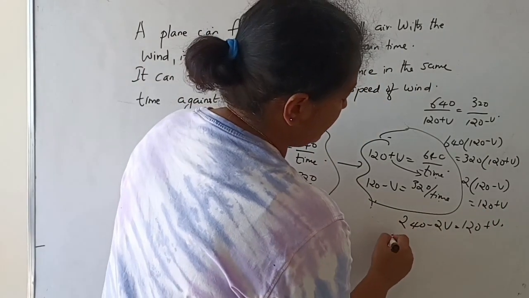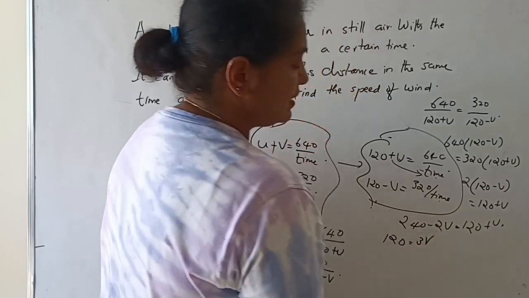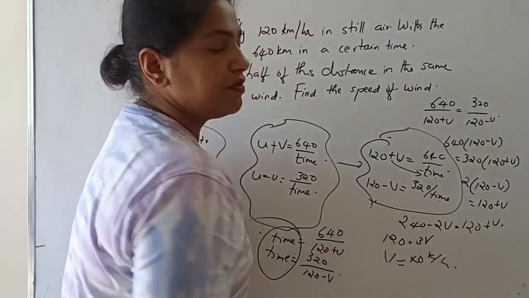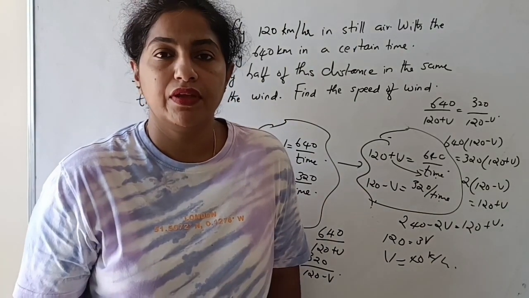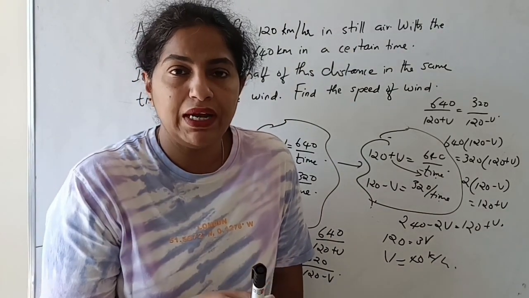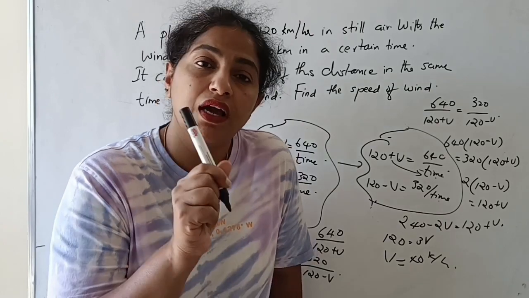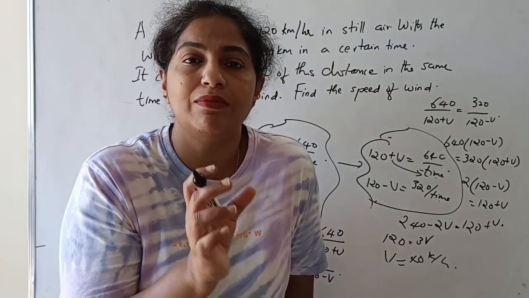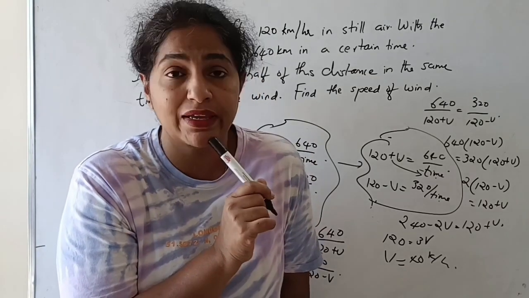You get 120 is equal to 3v, or v is equal to 40 km per hour. Okay. Read the question properly and see what is given to you, and accordingly frame the equation and equate in order to eliminate one unknown variable, which is the time here.